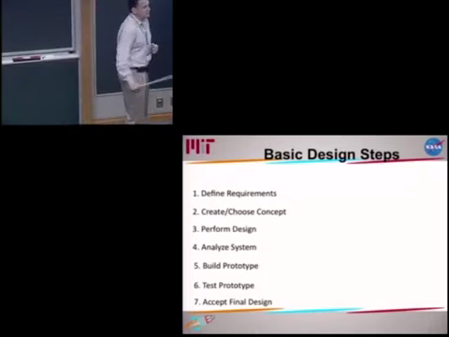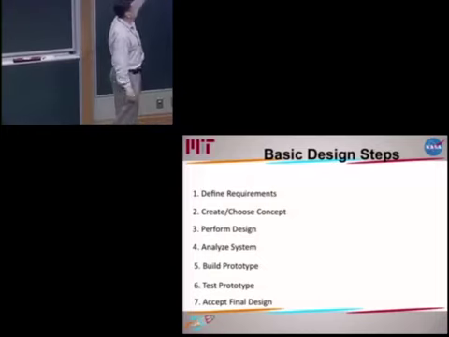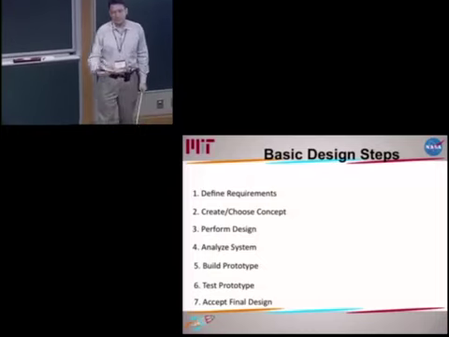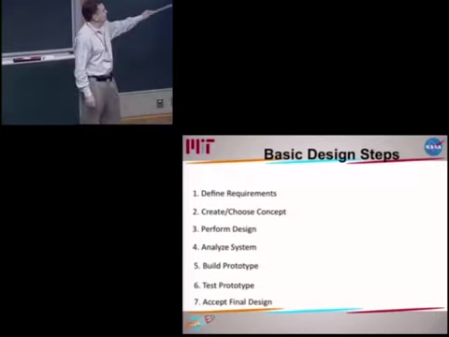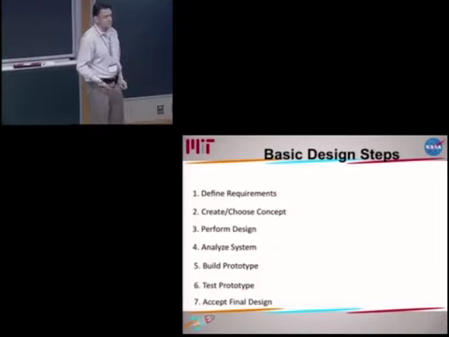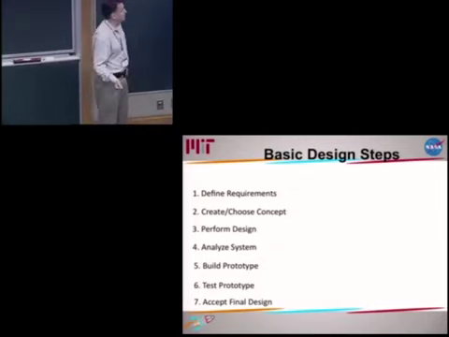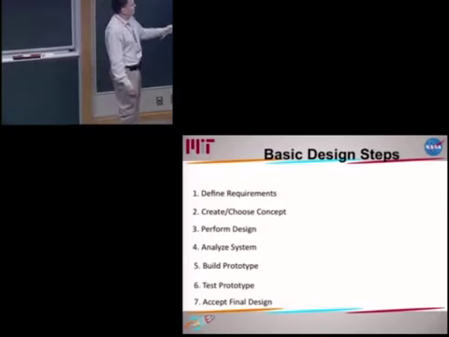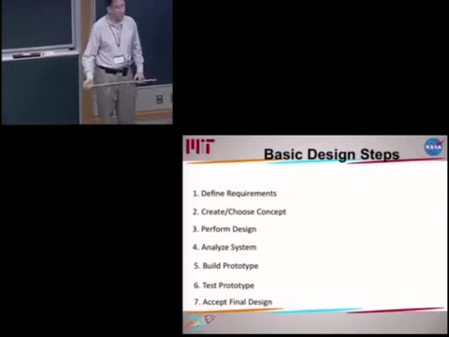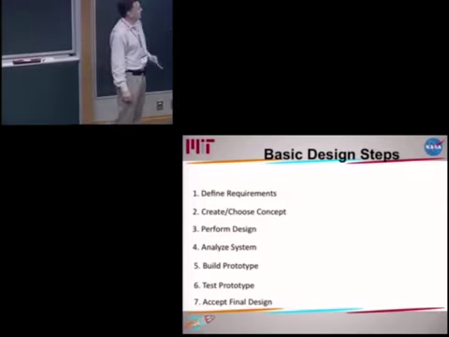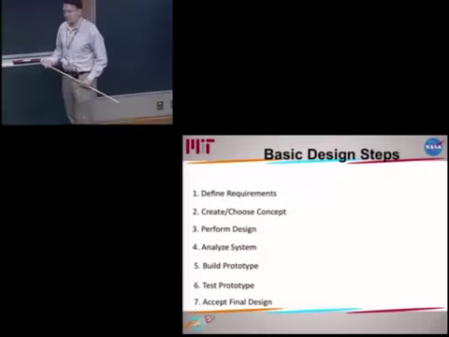You analyze the system. You're now taking the design and you're analyzing it to see whether or not it is meeting the requirements that you had defined. And assuming that goes well, you build a prototype. You got to build a prototype, test the prototype, and then you accept the final design.